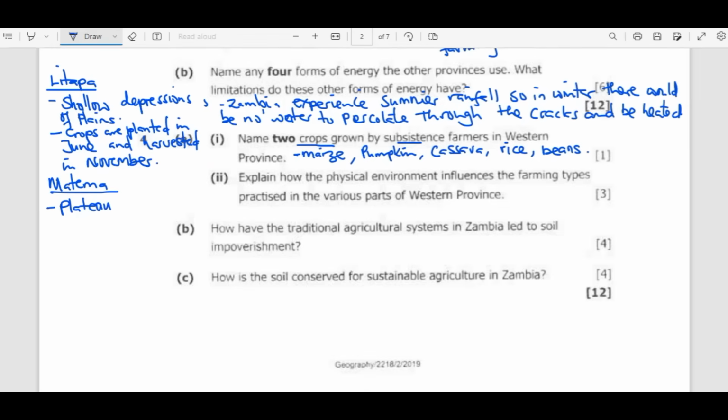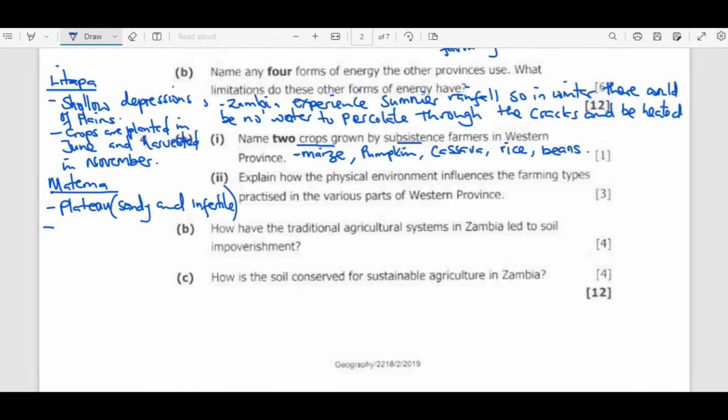So Letaba is done in shallow depressions, but Matema is done in a plateau, where the soil is sandy and the areas are infertile. When they discover that the land is infertile, they can use Matema.